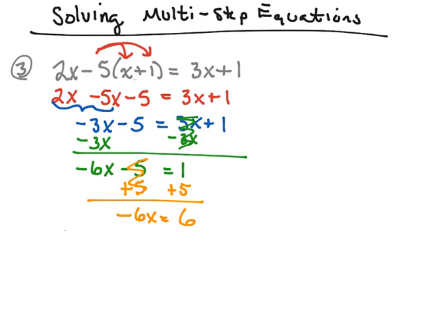We're almost there. Here we have negative 6x is equal to 6. The opposite of multiplying by negative 6 is dividing by negative 6. So if I divide here, 6 divided by negative 6 would result in a negative 1. Therefore, my solution to this equation is x equals negative 1.